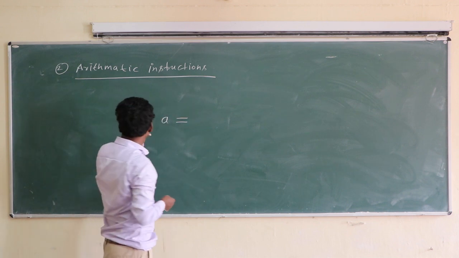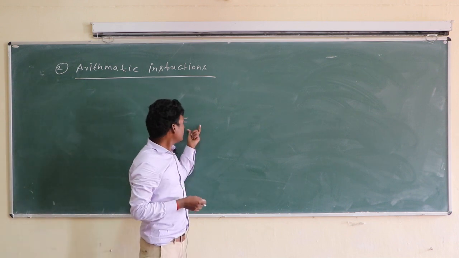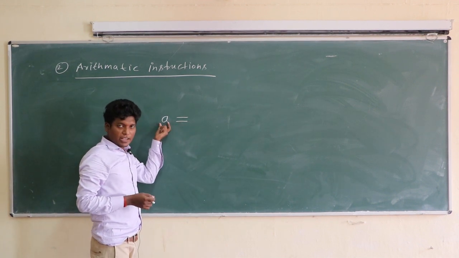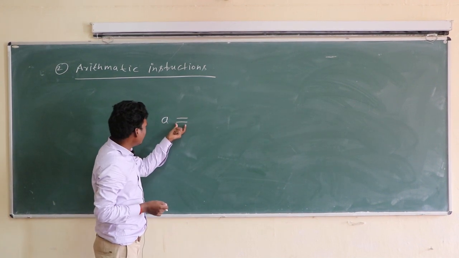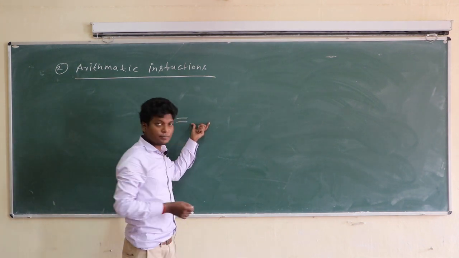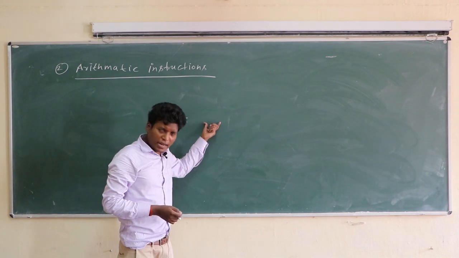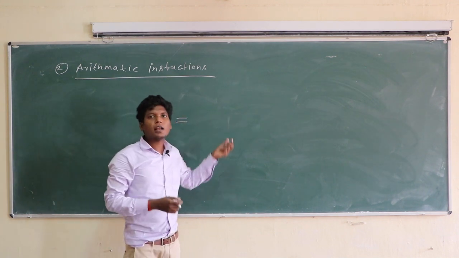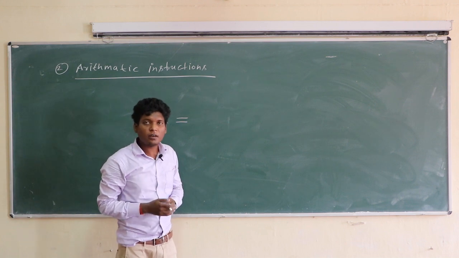Again, class, in this instruction, a variable is on the left side of the assignment symbol, and some variables and constants are on the right-hand side, and these are combined by means of operators.